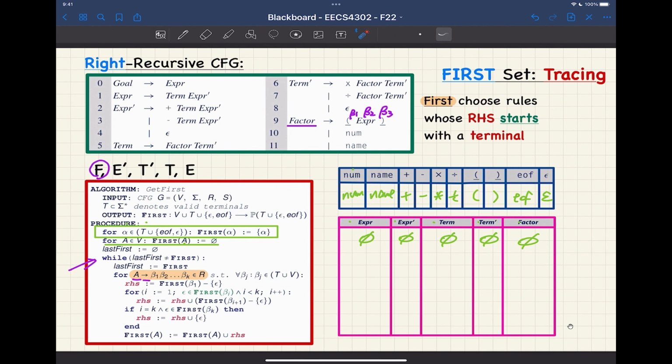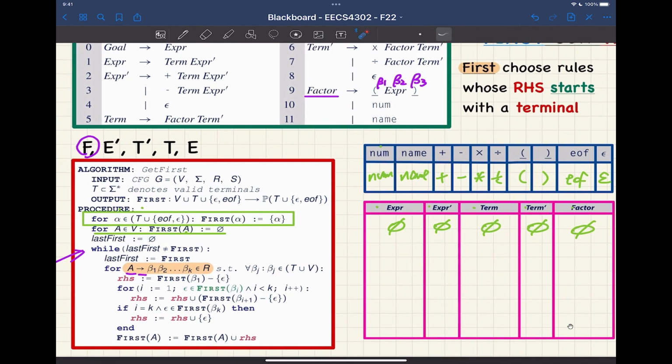And then, do you guys know if we should do anything over here? It turns out, in this case, let me start with this. Here, what will be the first of beta 1 over here?